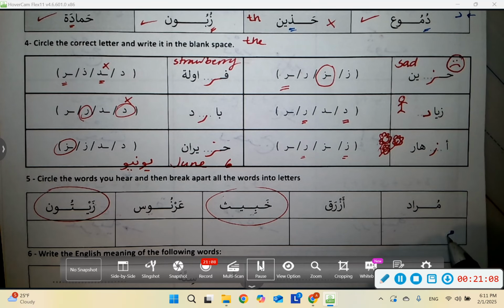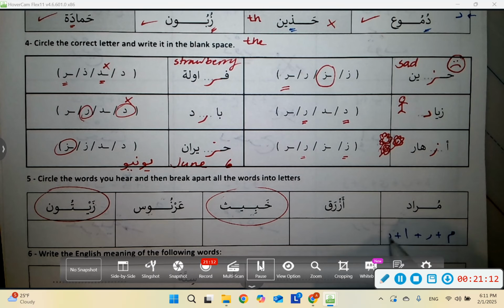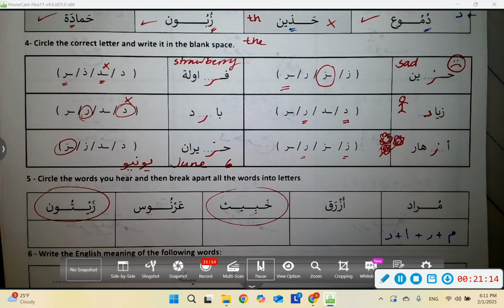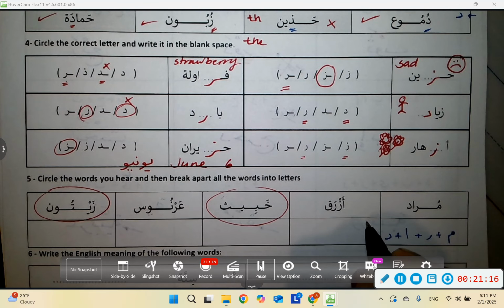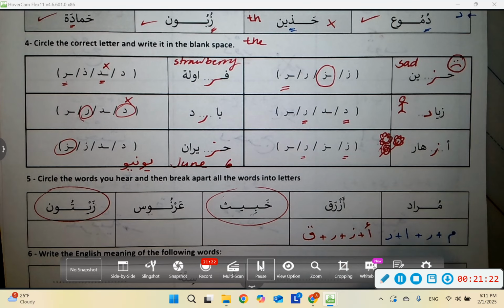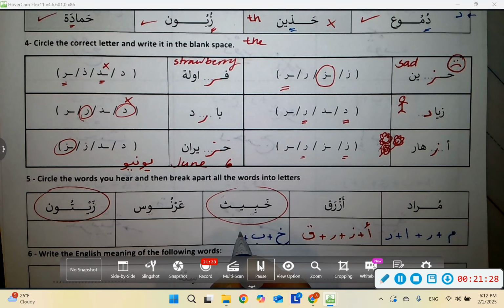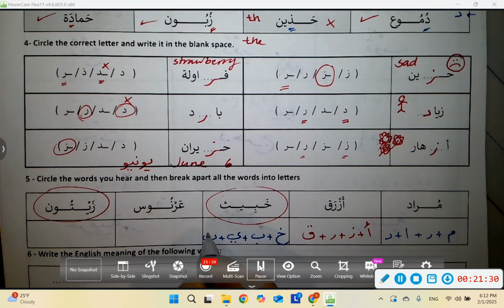Mim plus ra plus alif plus dal. Azraq, we have alif plus za plus ra plus qaf. Khabith, we have kha plus ba plus ya plus ta.